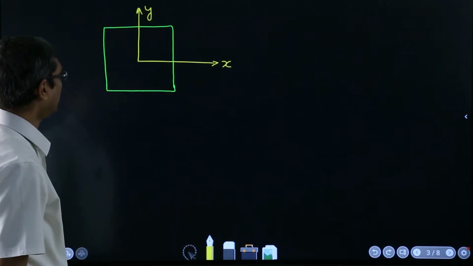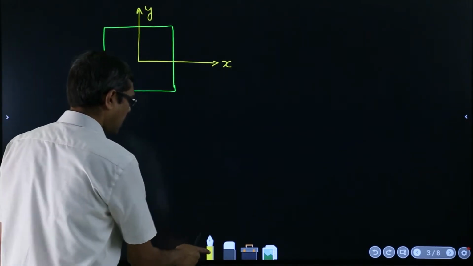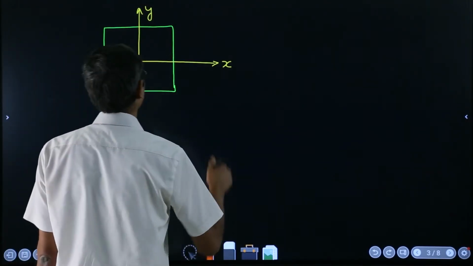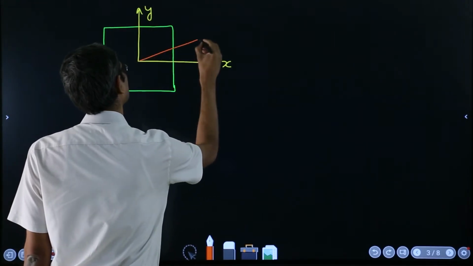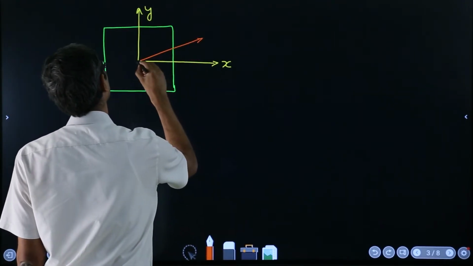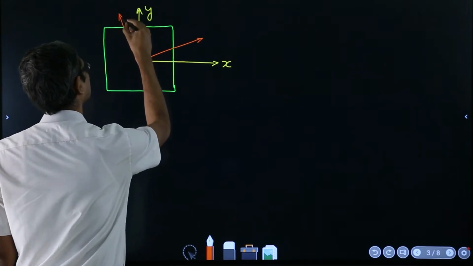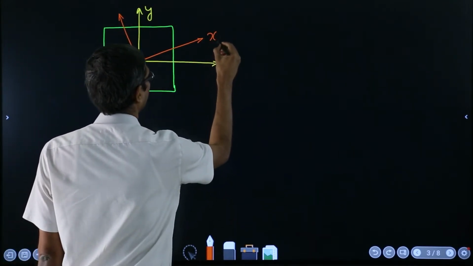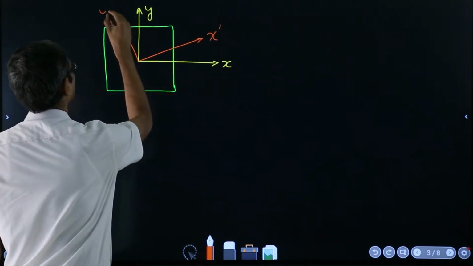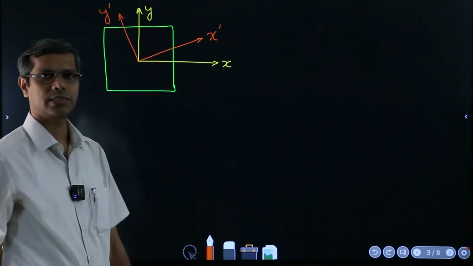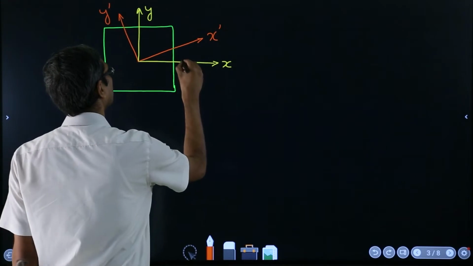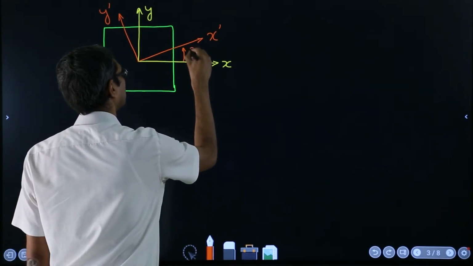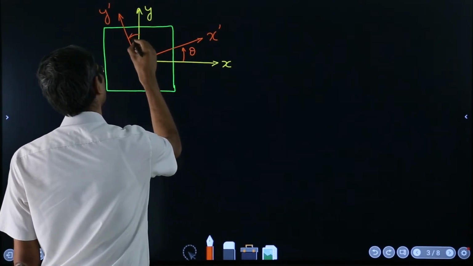Okay. And then I am interested in evaluating the stresses as seen by these primed coordinate systems, which are rotated by an angle, say theta, with respect to the original.